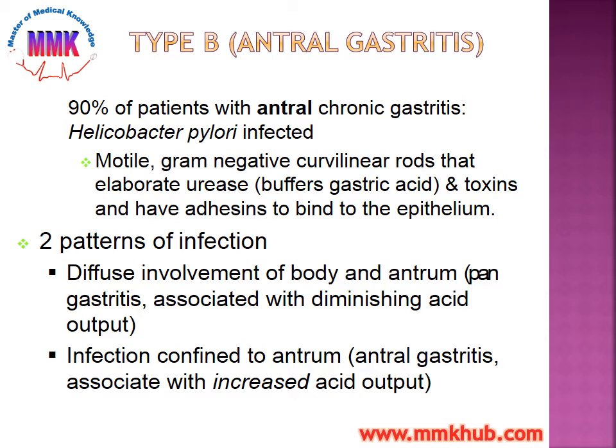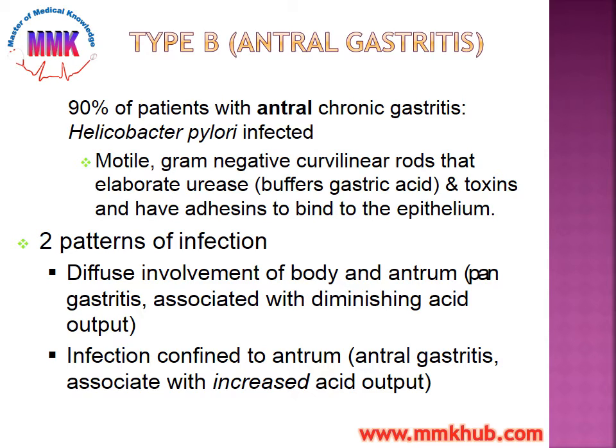Type B or enteral gastritis. 90% of patients with enteral chronic gastritis are associated with Helicobacter pylori infection. Helicobacter pylori is a motile gram-negative curvilinear rod that elaborates urease and toxins and has adhesins to bind to the gastric epithelium.